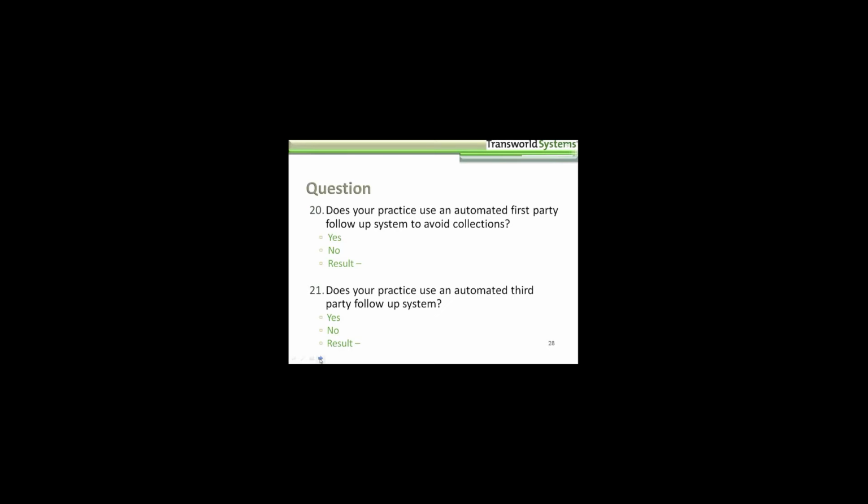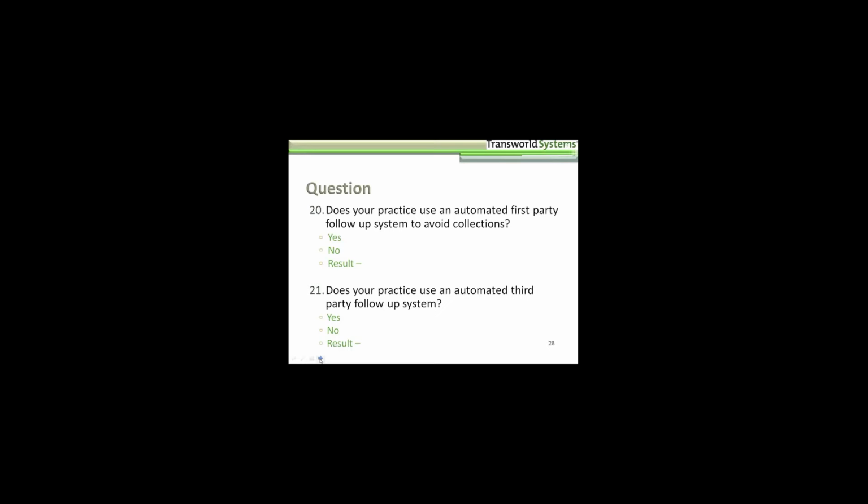Question number 20. Before we start this question, I'd like to clarify that the first party process is a systematic, automated approach conducted in your practice's name. If you're familiar with TransWorld Systems, this is our accelerator service. It's a series of 5 automated contacts alternating between letters and phone calls at designated intervals.